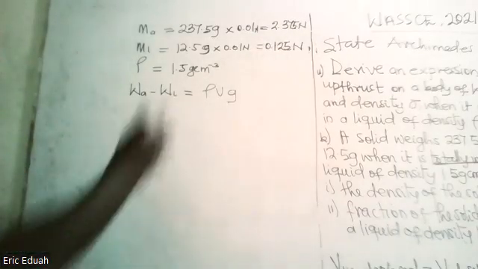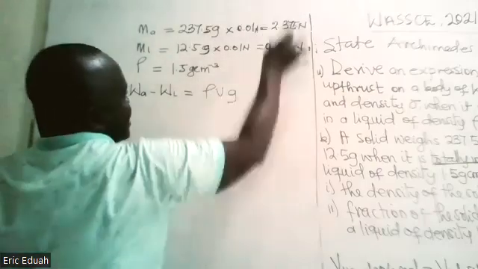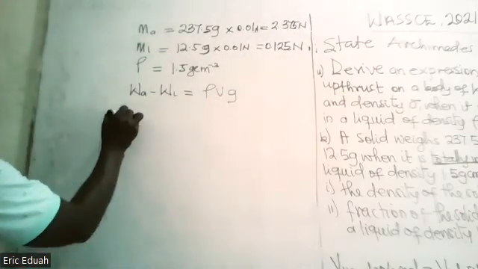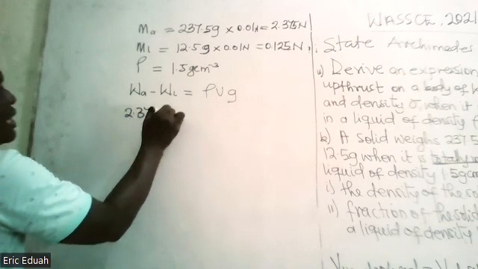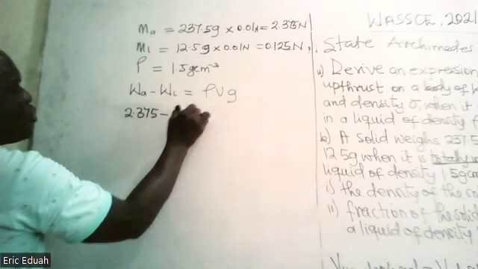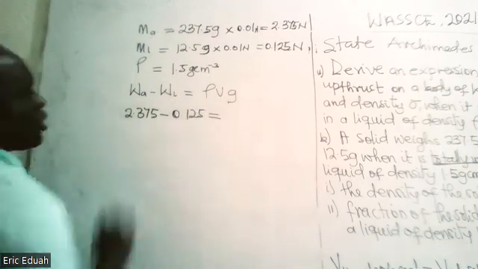Good. So once we've converted these masses into weight, we can substitute: 2.375 minus 0.125 would be equal to.